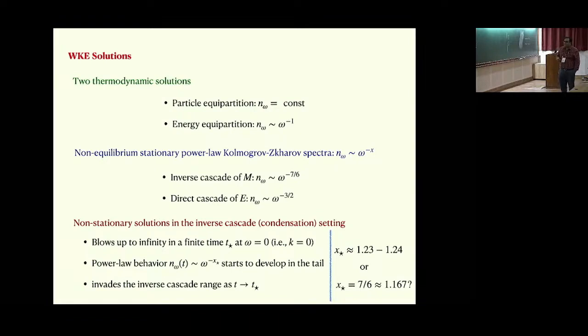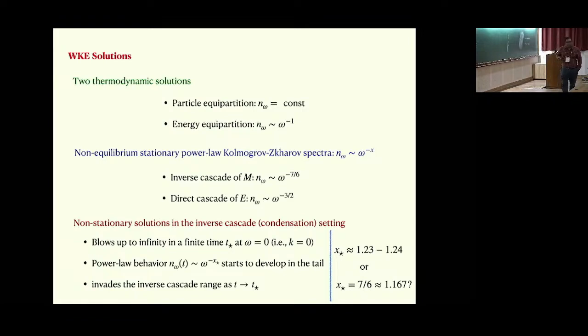But you can also have non-stationary solutions in the inverse cascade setting, which blow up to infinity in a finite time. That's when the condensate starts forming, when the front reaches the k equals 0 mode. But this is preceded by power law behavior, omega to the power minus x star, let's say, which develops in the tail and then invades the entire inverse cascade range as you approach the blow up time.